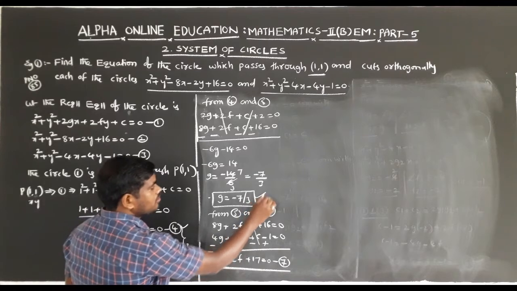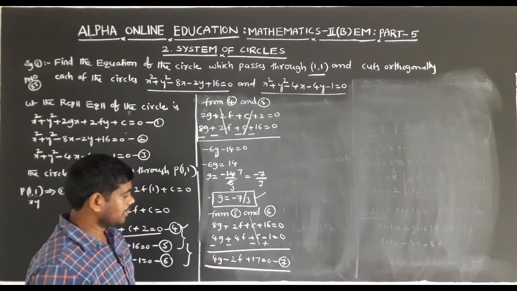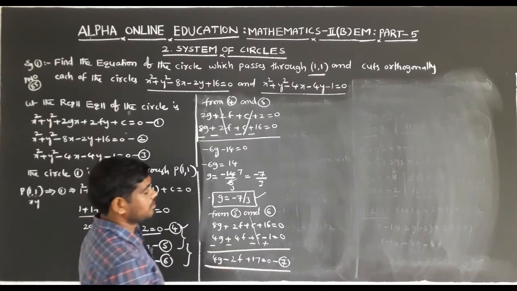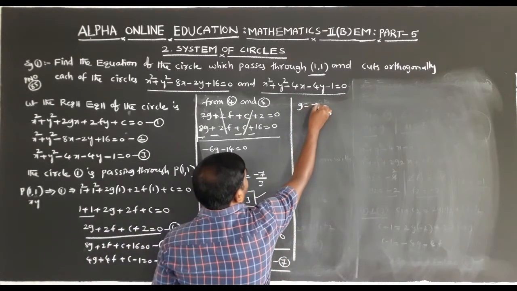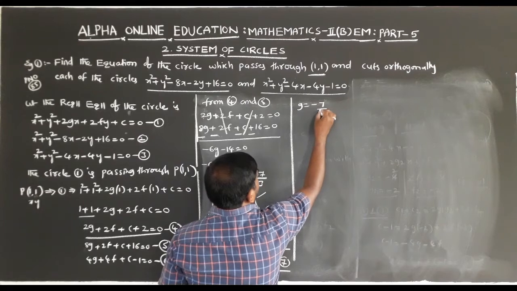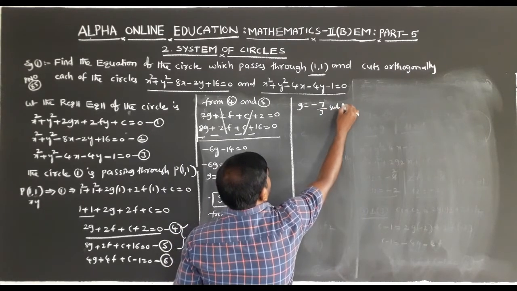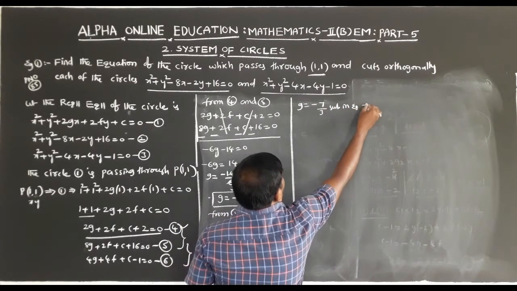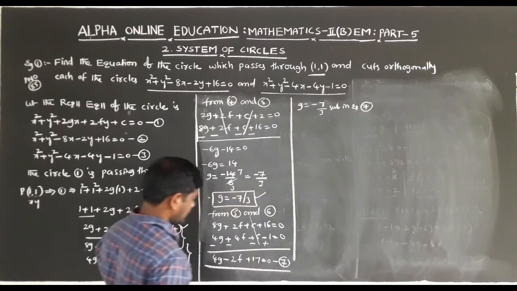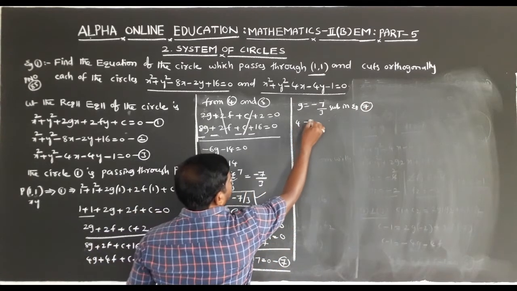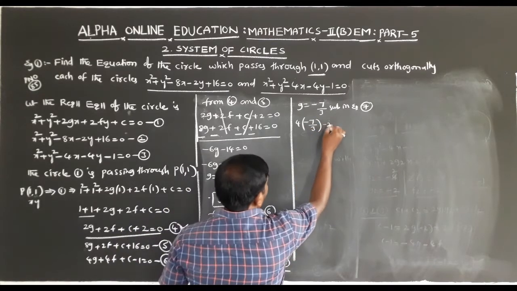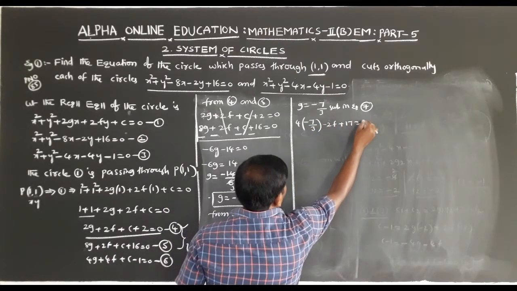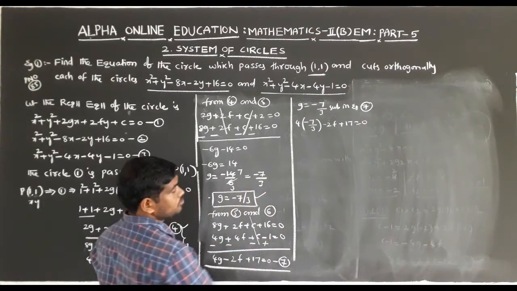Substitute g is equal to minus 7 by 3 in equation number 7: 4 into minus 7 by 3, minus 2f, plus 17 is equal to 0.